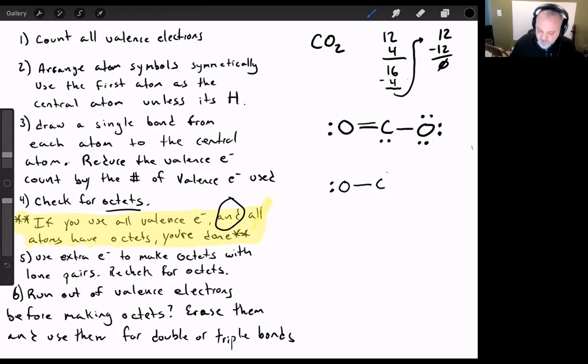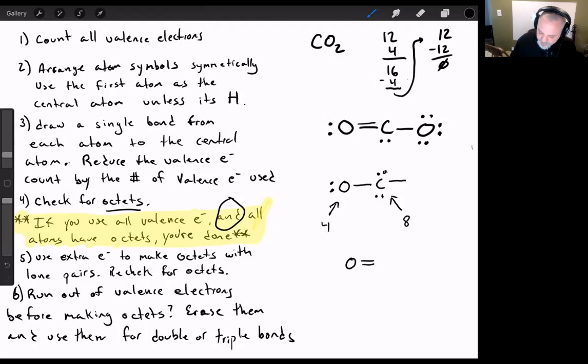Let's ignore those for now. How many valence electrons are around this oxygen? I have 1, 2, 3, 4. How many are around the carbon? I had 1, 2, 3, 4, 5, 6, 7, 8. I had 8.